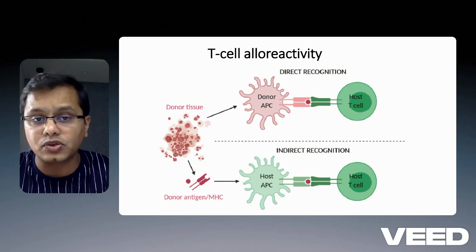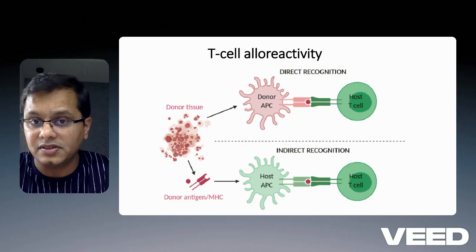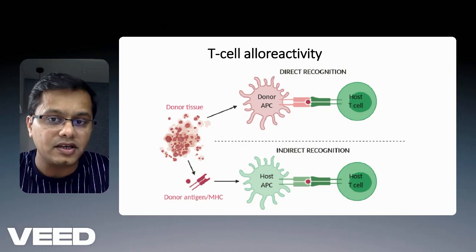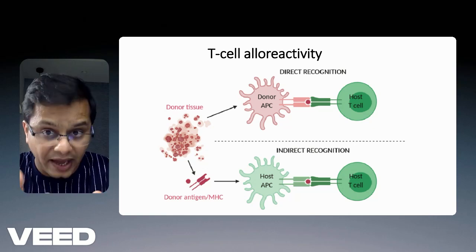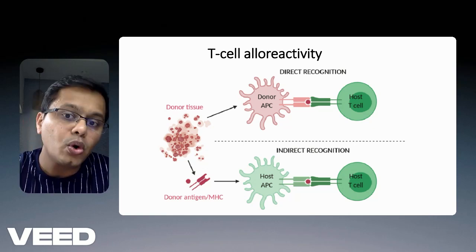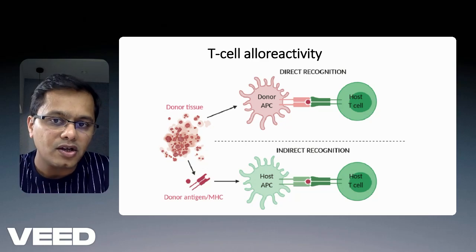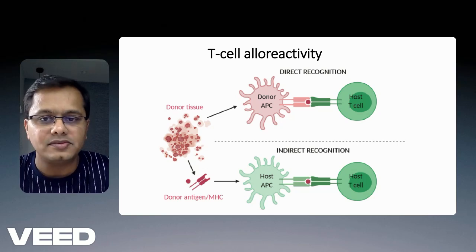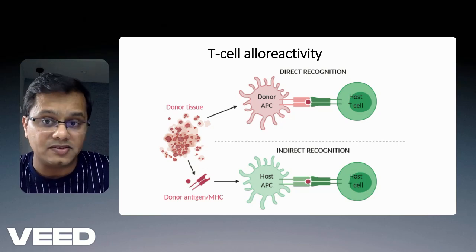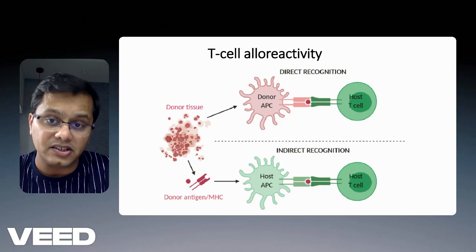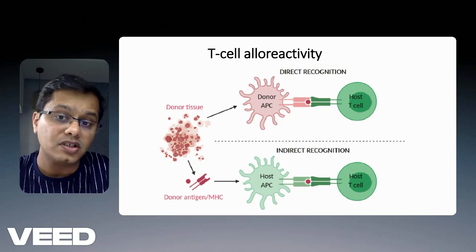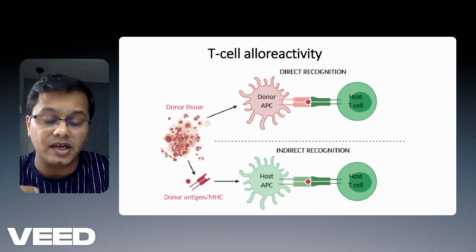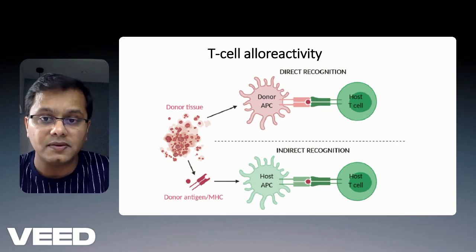But imagine a situation where the host APC is presenting an antigen in a matched setting to the host T cell. So this antigen which has been processed from the donor is not an MHC antigen. It's another antigen which has been processed by the host APC and presented to the host T cell.